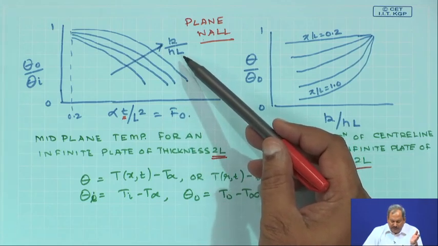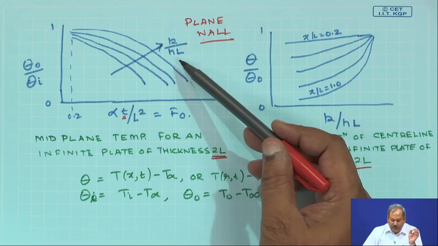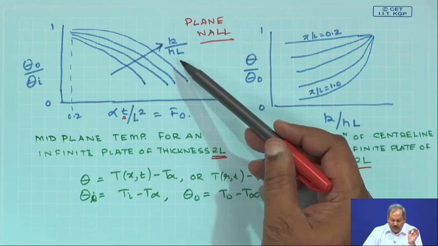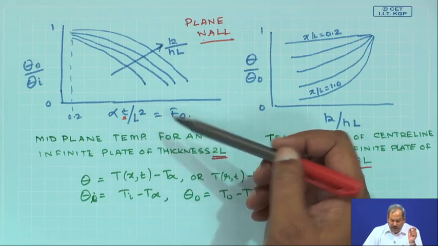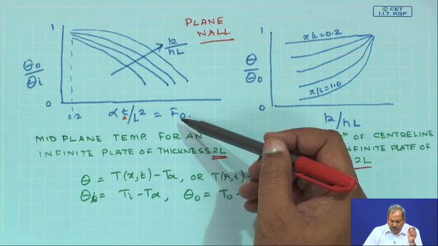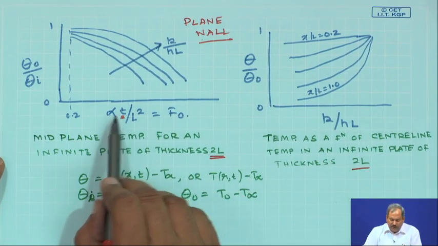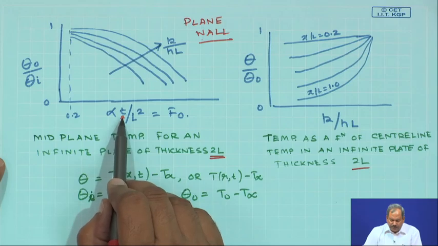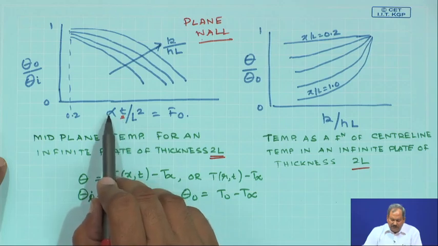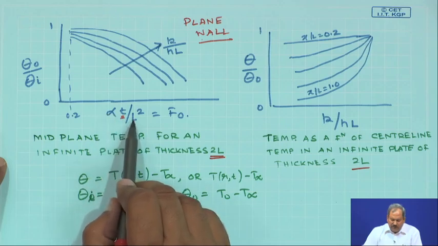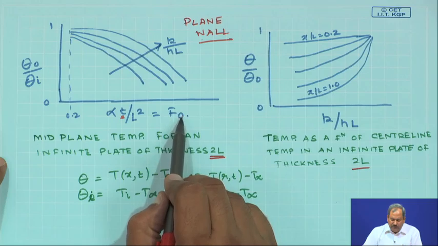It is greater than 0.1, but you still know exactly the value of Biot number, and find out the value of Fourier number corresponding to the time at which you would require the temperature. So, let us say t equals 10 minutes, you know the value of alpha, you know the characteristic length. So, you know the value of Fourier number.